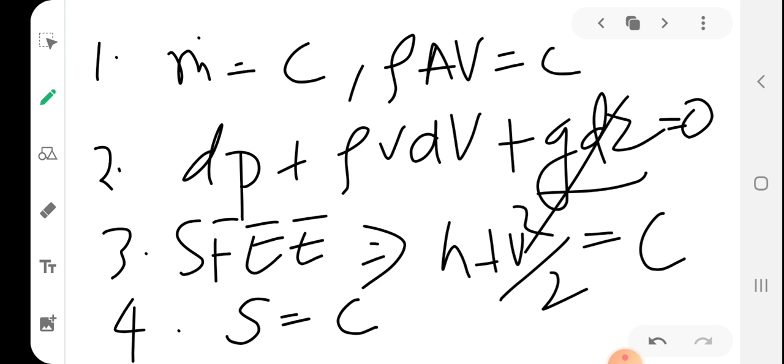Actually, h plus V square by 2 equal to constant is the steady flow energy equation in one dimension. The actual conservation of energy equation is a very large equation. The actual momentum equation is a very large equation called the Navier-Stokes equation. Conservation of momentum is not a single equation; in the real case it has three components.